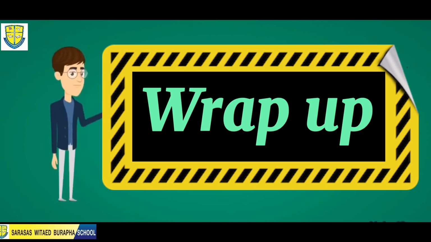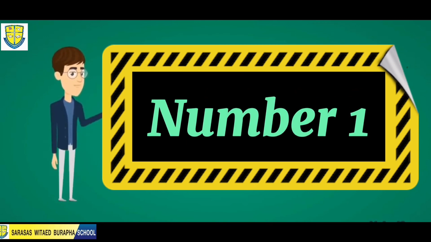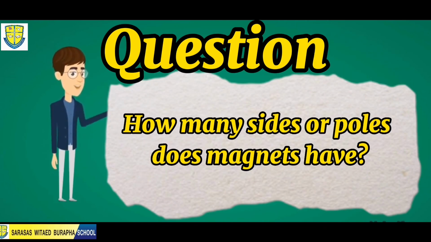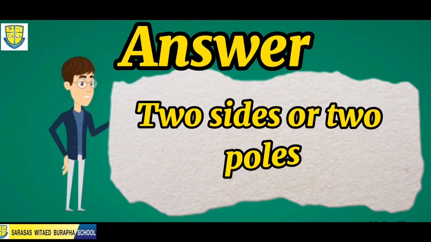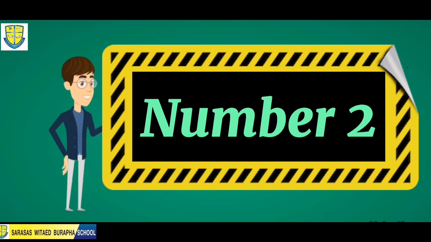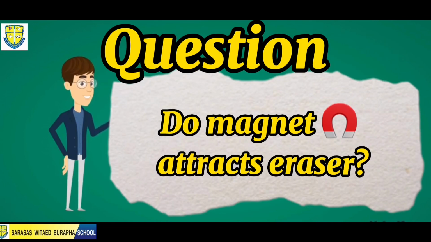Now, let's do some wrap-ups. Number 1. How many poles or sides does magnet have? The answer is 2 sides or 2 poles. Number 2. Do magnet attracts eraser?